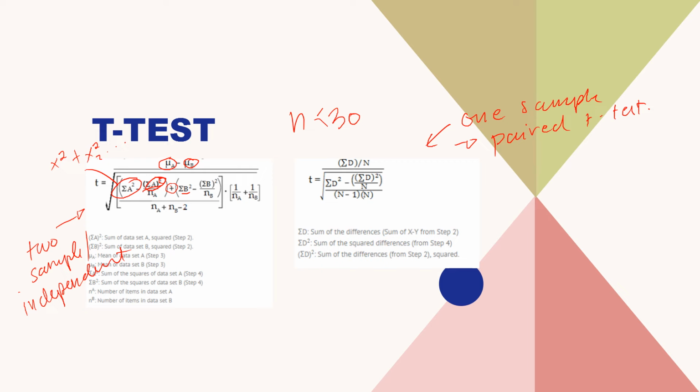Now this will all be divided by the number of samples in group A plus the number of samples in group B, minus 2.